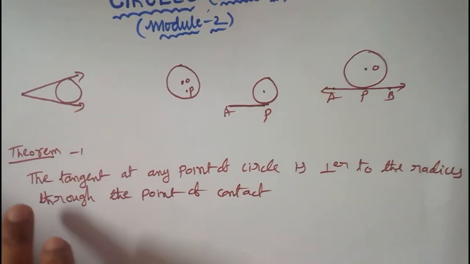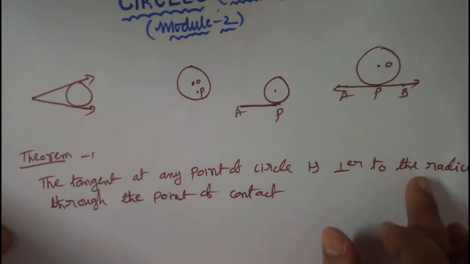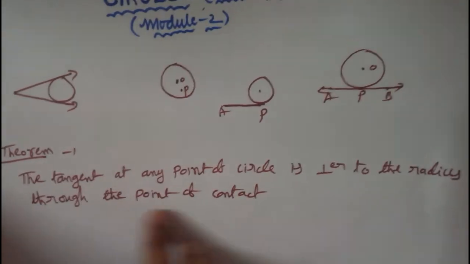So what is the statement? The tangent at any point of a circle is perpendicular to the radius through the point of contact.